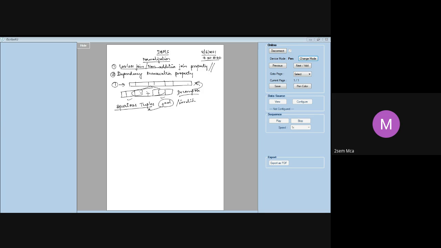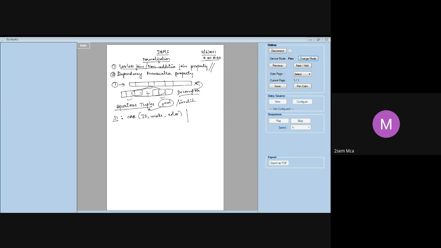Let us take a simple example. Let me take one relation S1. I'm taking a very simple example. I have a table called car. In this, I have ID as one attribute, which of course is the primary key. Then I have the make of the car and the color of the car. This is my table.